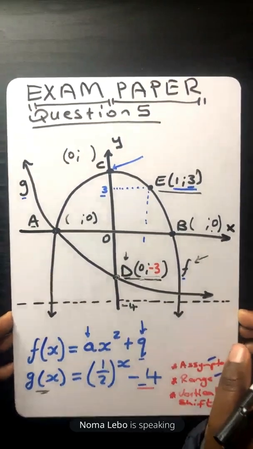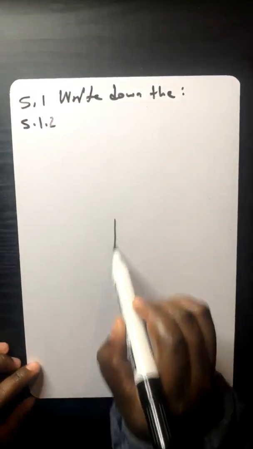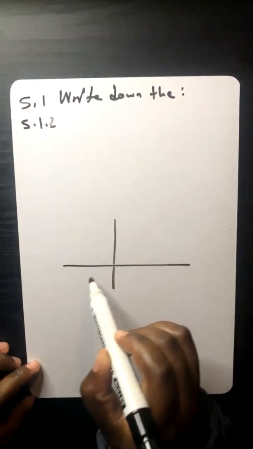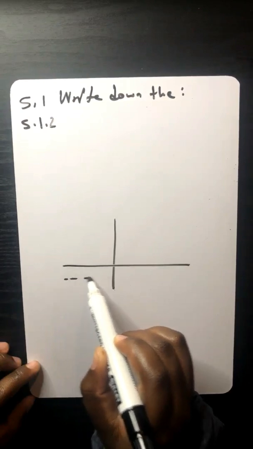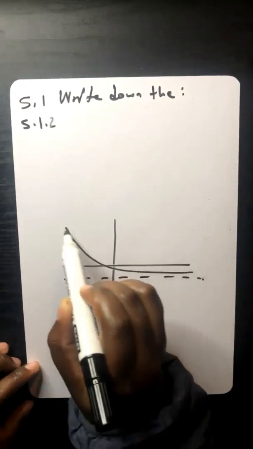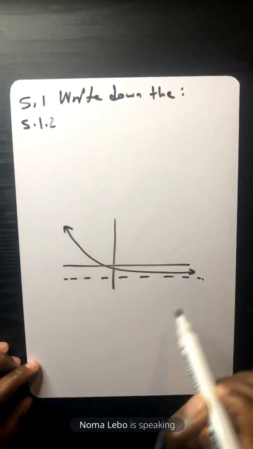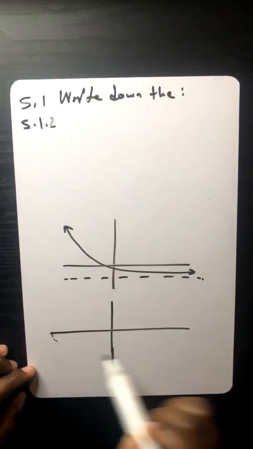Above -4. Why are you saying it's above -4? Because it never touches the asymptotes. 100%.